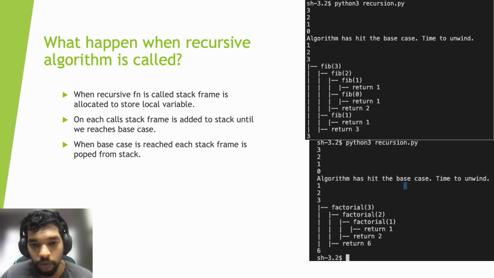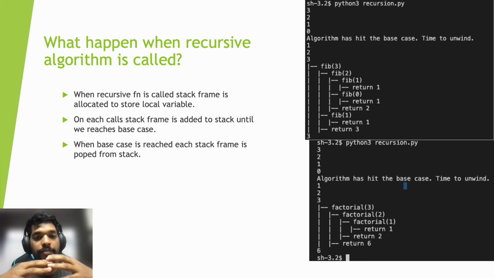So now let's go through the internals, like what happens during a recursion call. When a recursion call happens, the entire stack trace where the function stores the static variables is put in a stack, and each recursive call updates the stack and is added above. And when you reach the base condition, then each stack frame is popped back, and that's how the recursion is solved.